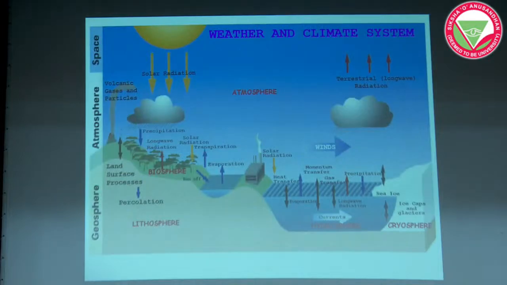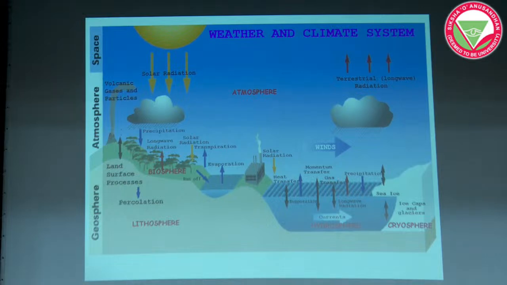If we see our atmosphere, it is not an isolated one. It is linked with five spheres, starting from the lithosphere, the upper crust of the Earth system. Then we have the cryosphere, the biosphere, the hydrosphere, and the atmosphere, and on top of this, the outer space. These spheres interact, and we cannot stop them.